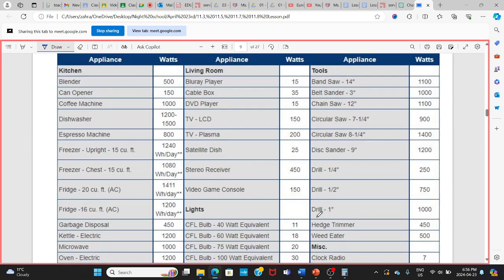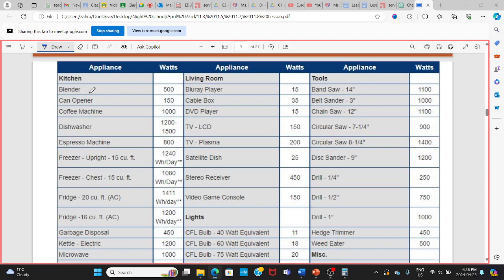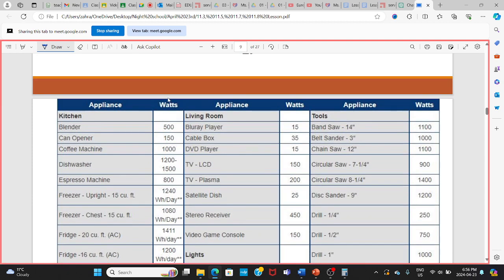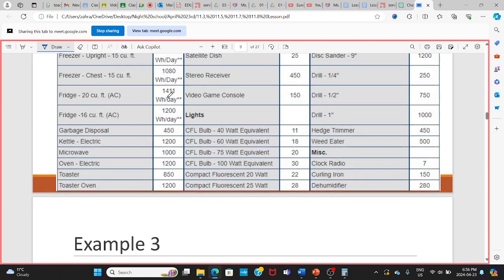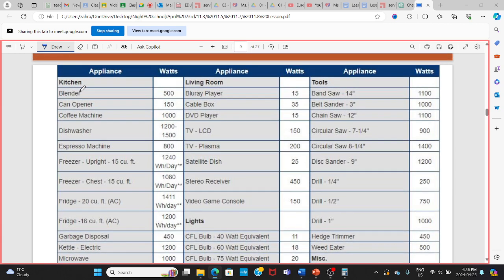Let's just look at that. There are some appliances and their powers. There is a blender, 500 joule per second. I believe it's going to be joule per second, right? They didn't say a unit, but assume it's joule per second or watts. Oh yeah, watts. Can opener, more powerful.